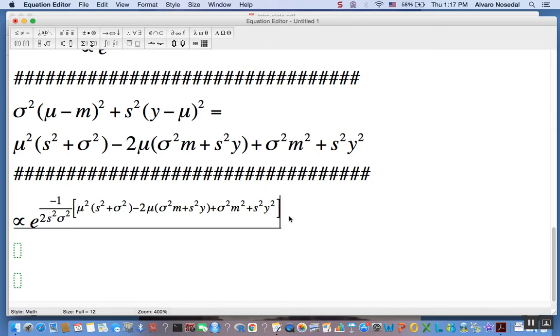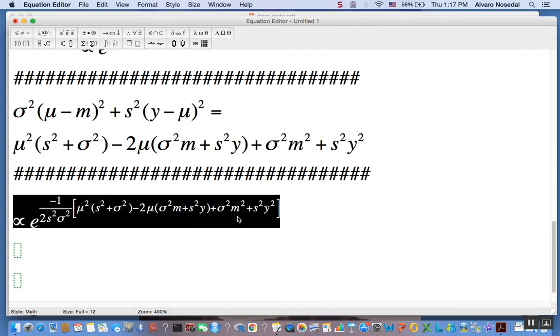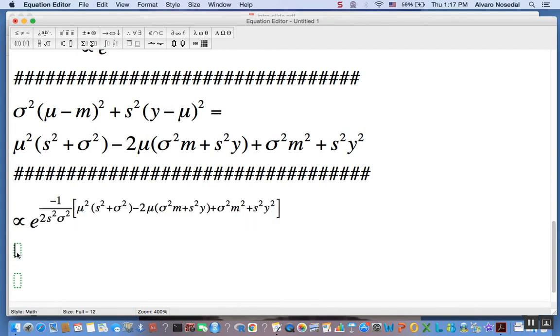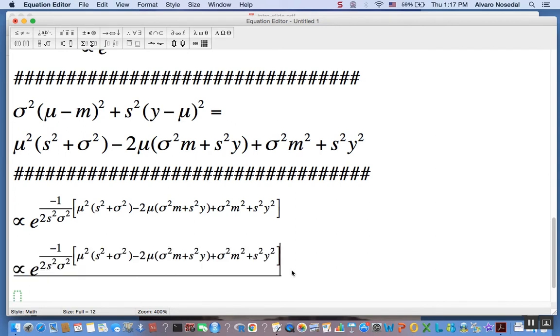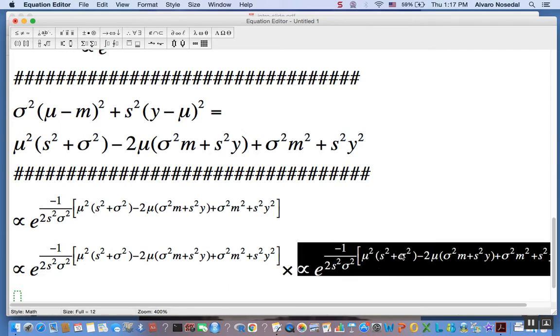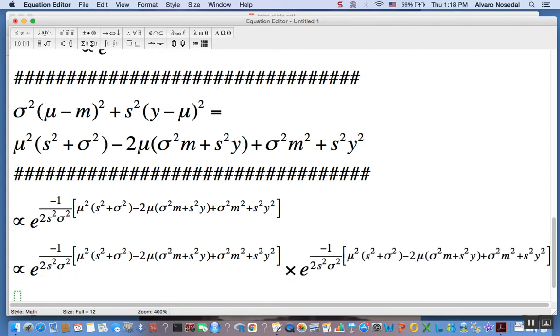So let me just be super specific, but the point is that we are going to be absorbing that last term that involves that exponential into the proportionality.